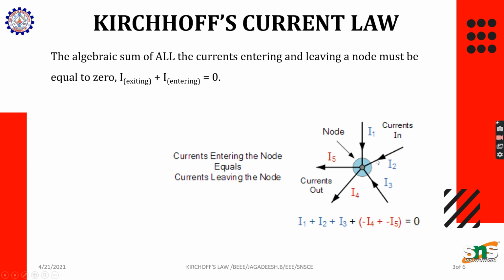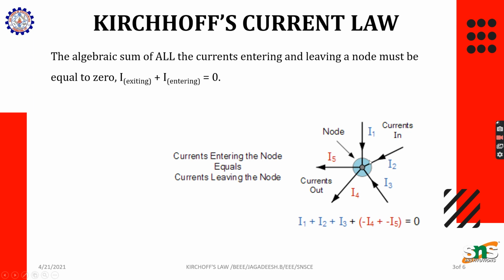So here is an example to understand. This is a node. There are totally five currents acting on the node. Let us see I1 here. The arrow mark is entering into the node, so this is called an incoming or entering current.